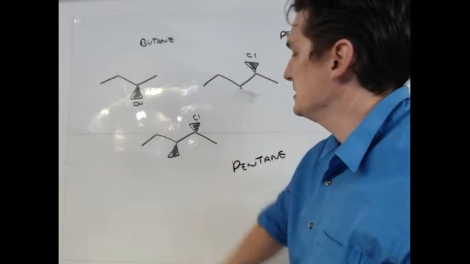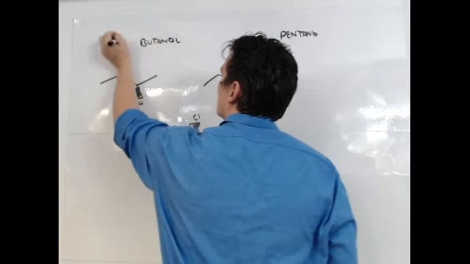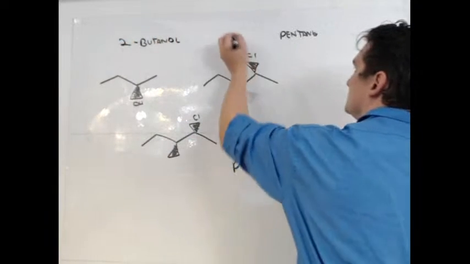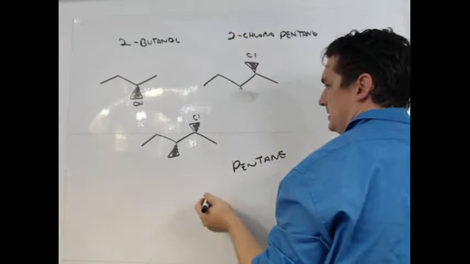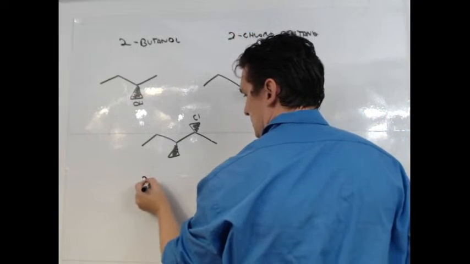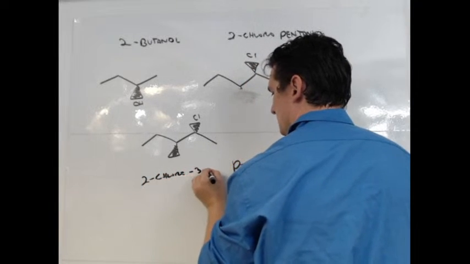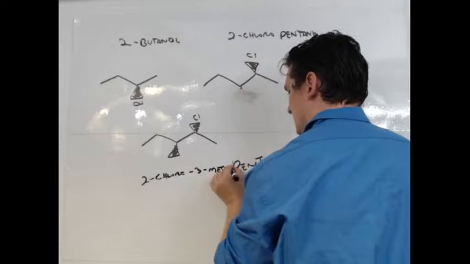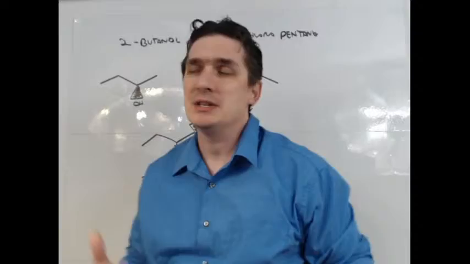In this case, we're trying to minimize the alcohol, so instead of butane, it's butanol: 2-butanol. And then 2-chloro-3-methylpentane. So the R and S are going to show up as you get towards the end of naming these.